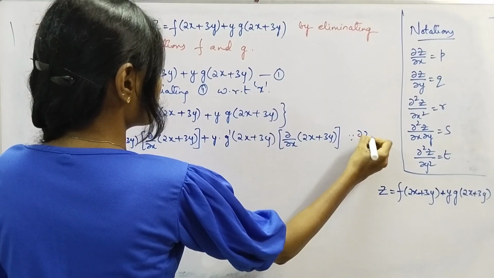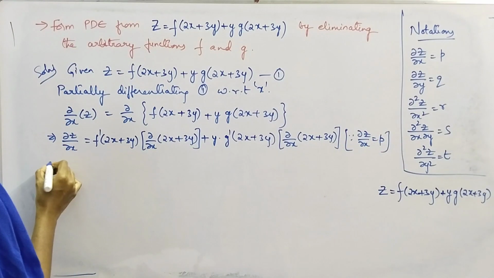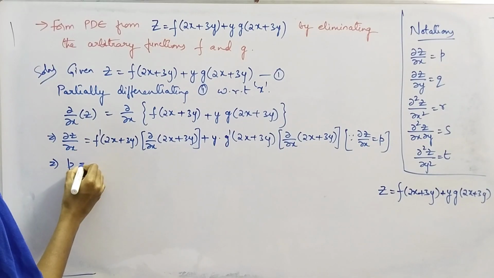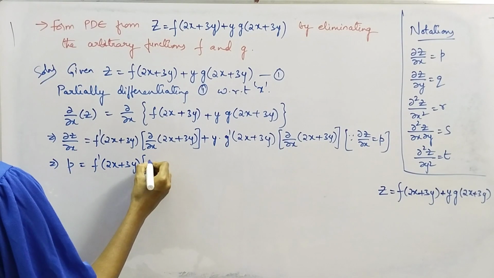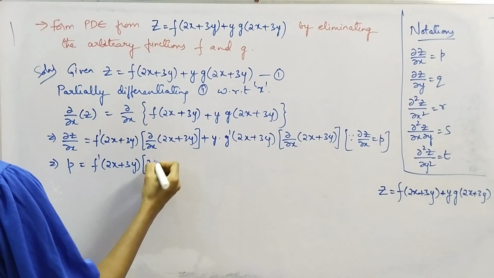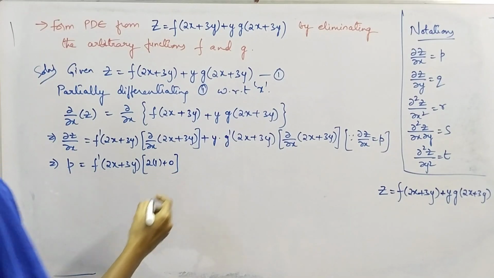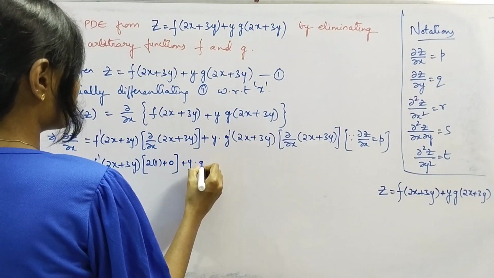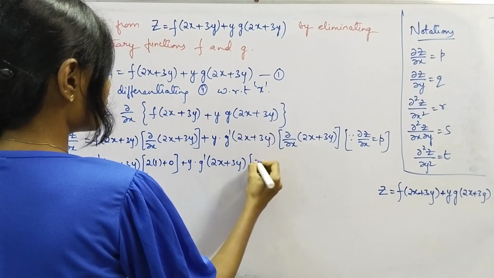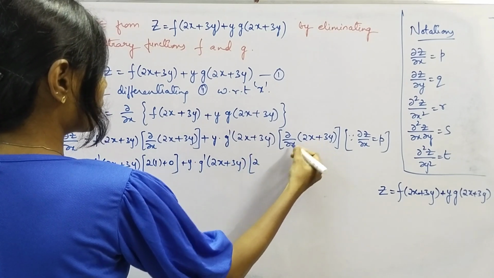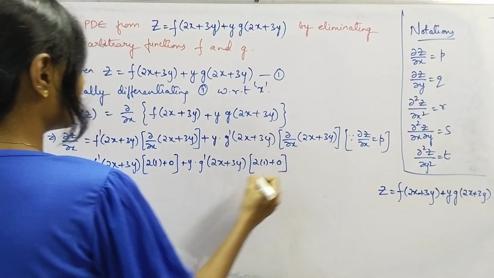Since we know that dou z by dou x can be replaced by the notation p, we'll just replace it by p. We'll get p equal to f dash of 2x plus 3y into 2 into partial derivative of x with respect to x is 1 plus partial derivative of 3y with respect to x is 0, plus y into g dash of 2x plus 3y into 2 times partial derivative of x with respect to x is 1 plus partial derivative of 3y with respect to x is 0.